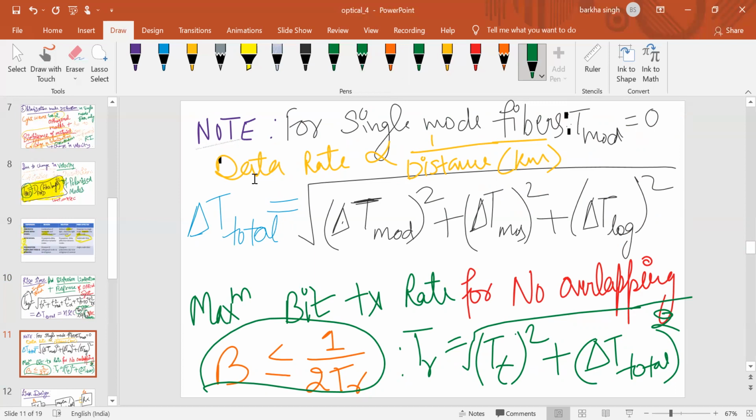The point to be noted is that in single mode fiber, T mode, that is modal dispersion, is equal to 0. And as the data rate goes up, the distance goes down.